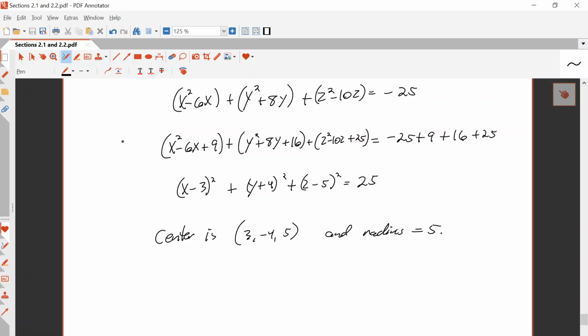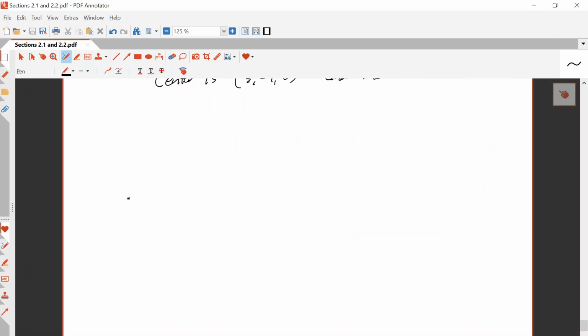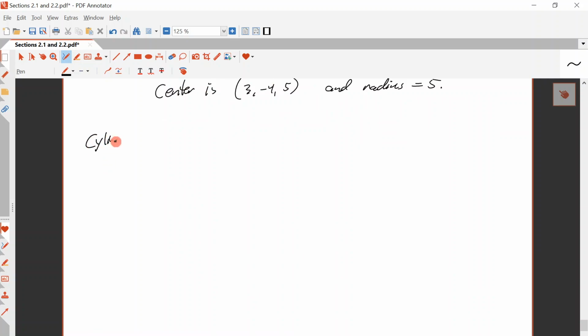Some other objects which come up quite a bit are cylinders. Cylinders occur with equations using just 2 of the variables. So it's not a cylinder in the usual sense; it's a cylinder in a looser sense.